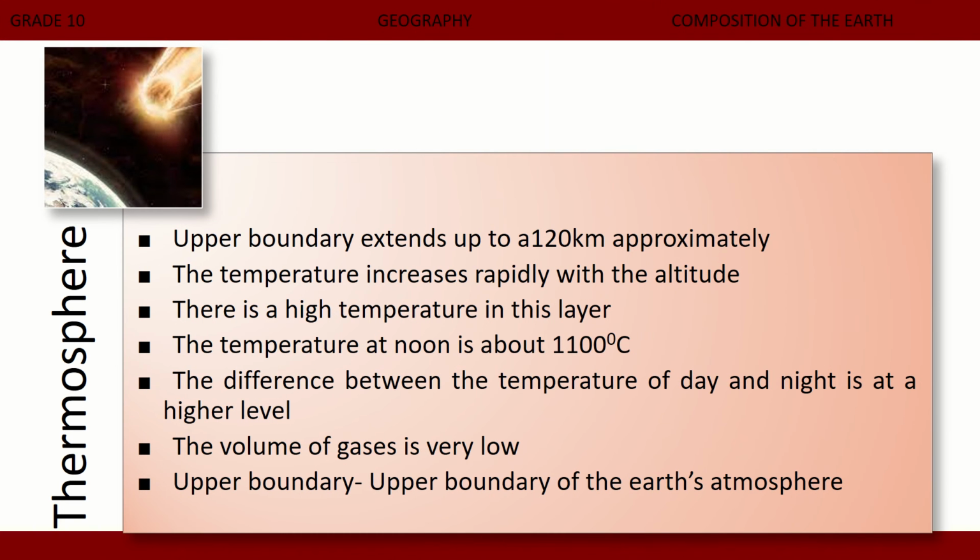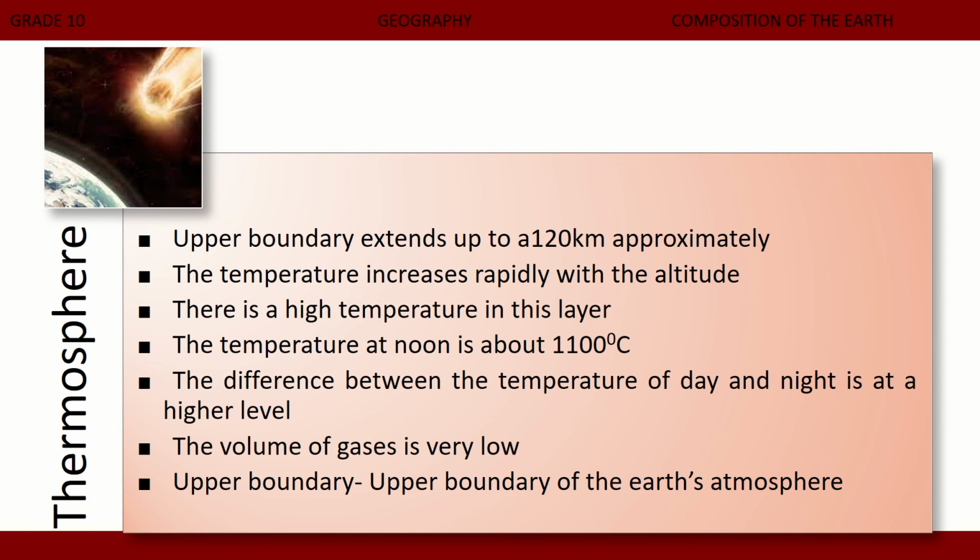Last layer is thermosphere. The upper boundary of the thermosphere extends up to 120 kilometers approximately. The temperature increases rapidly with the altitude. There is a high temperature in this layer.